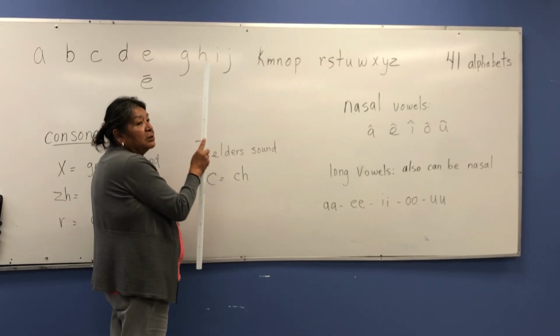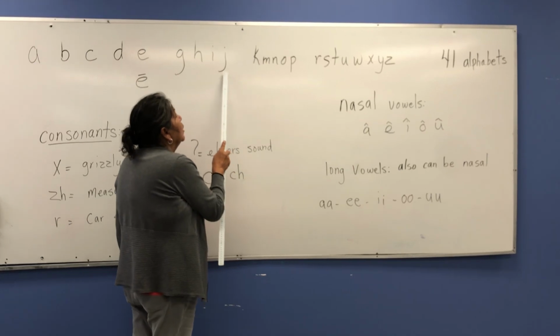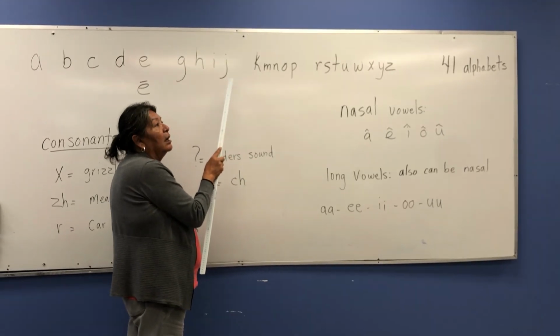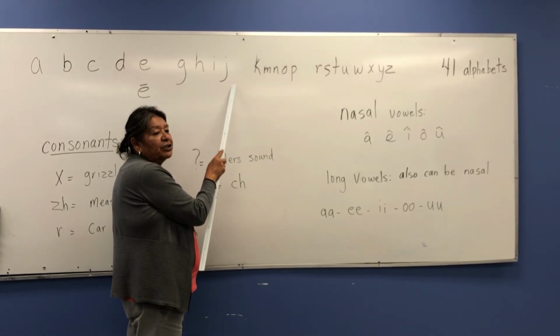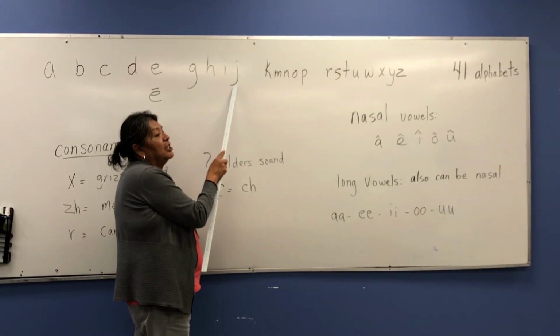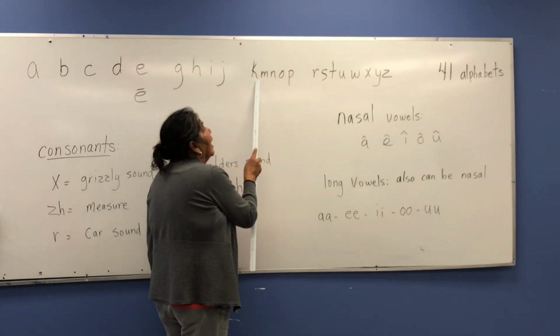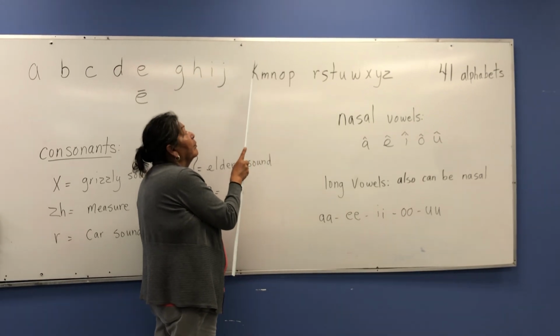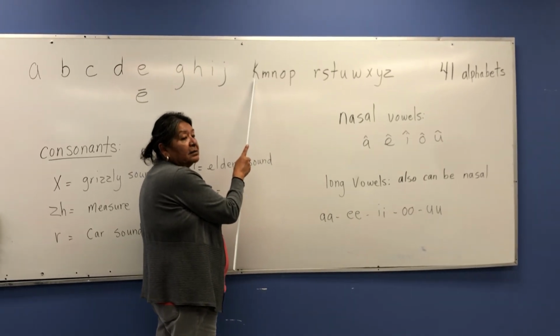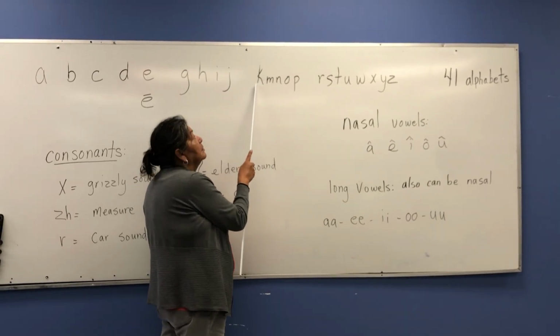J, with the J, Jijin, trickster. Jijin. K, is kata, kata, hot.